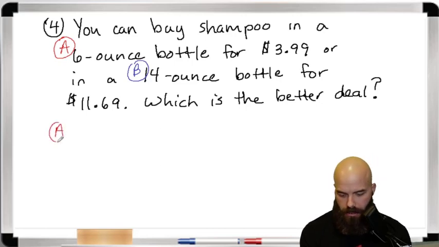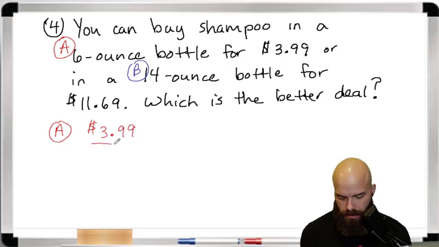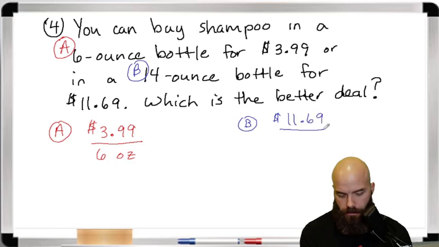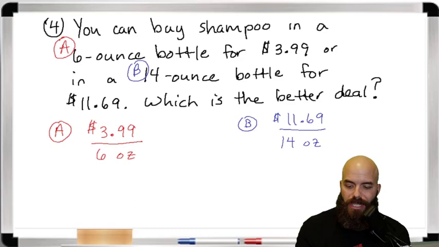Well, option A, $3.99 per 6 ounces versus option B, which is $11.69 per 14 ounces. All right, so we'll go to our calculator and we'll say, well, $3.99 divided by 6 is about 0.665.